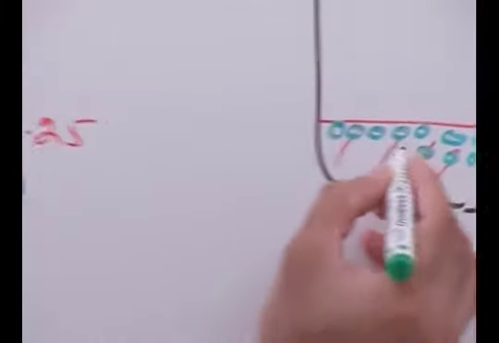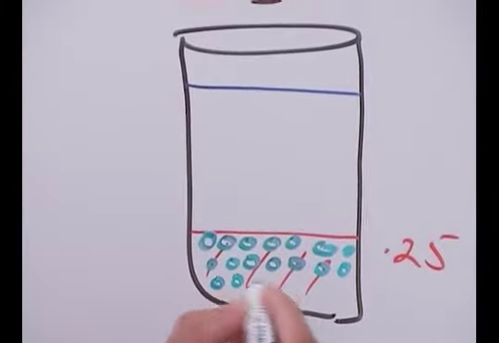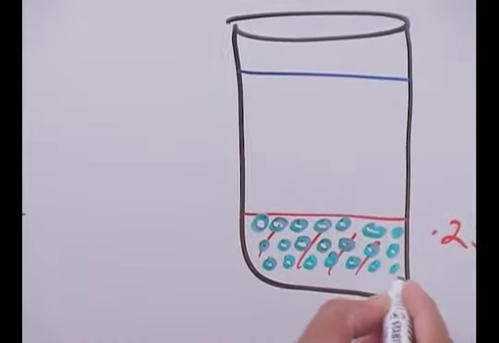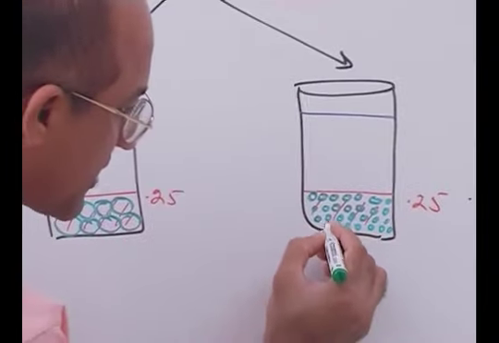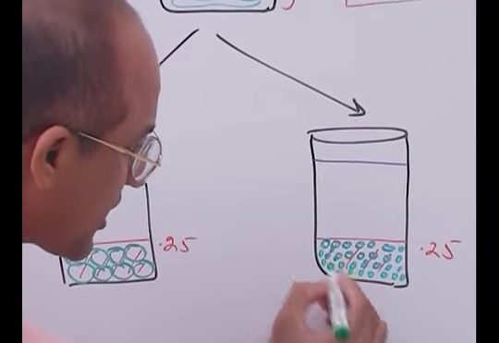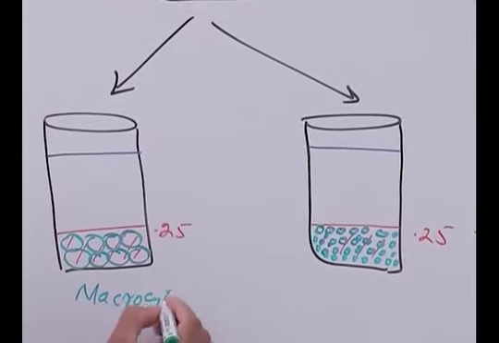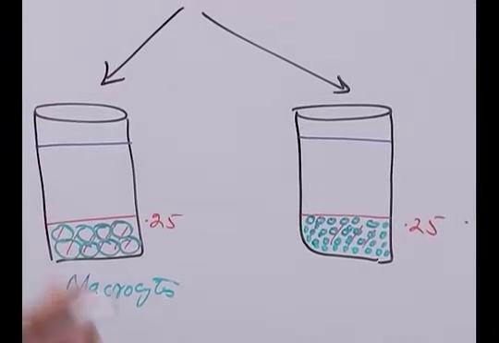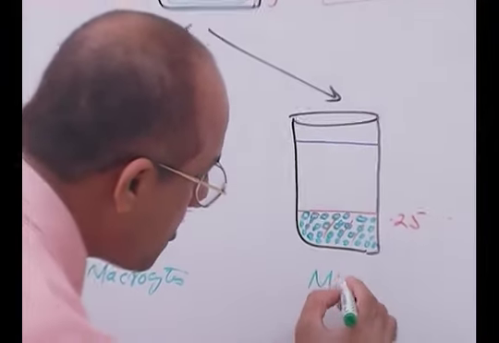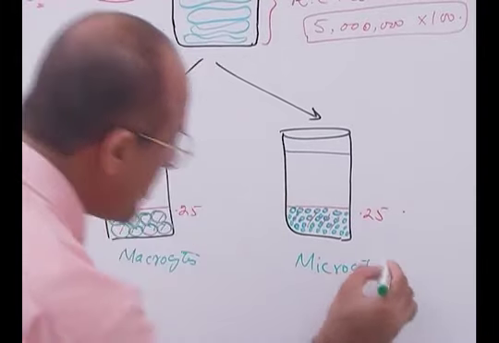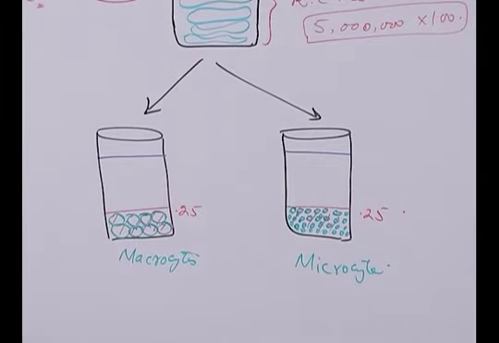When RBCs are significantly larger than normal, we call them macrocytes. And when RBCs are smaller than normal, we call them microcytes. Now look, this is a very important concept.